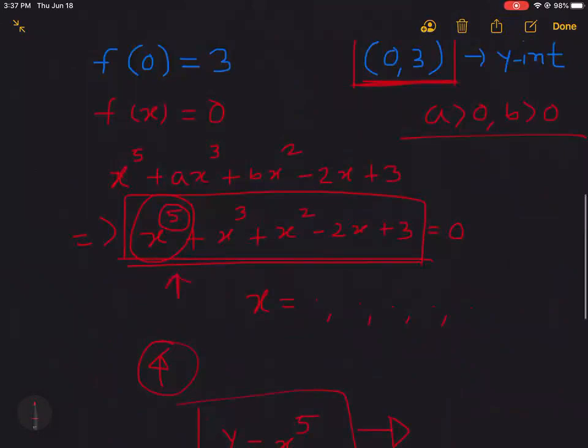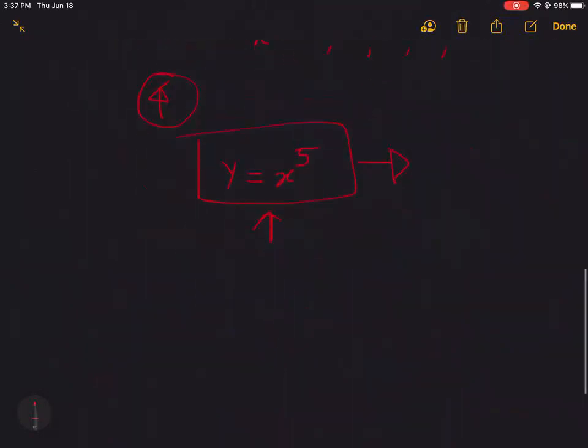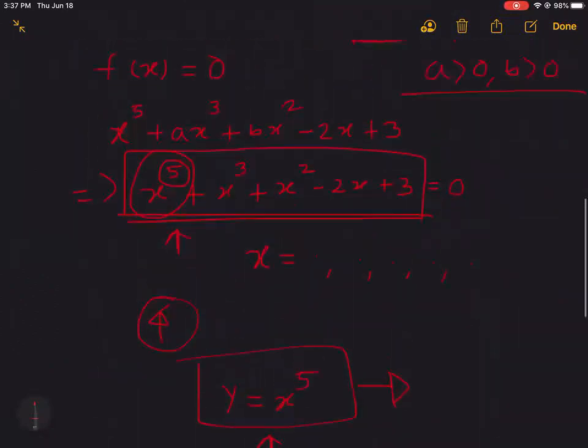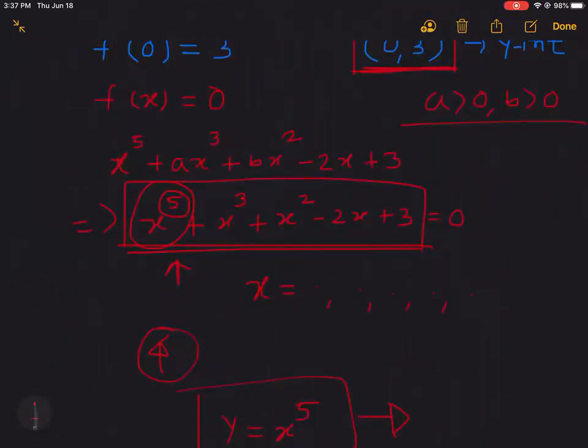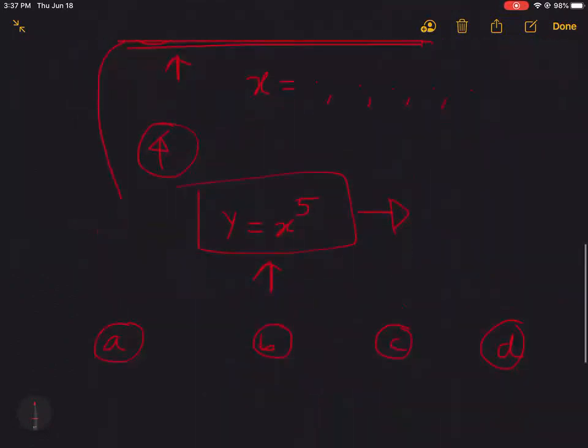So what does this mean? That you will be given a couple of graphs, let's say 4 choices, and from that you need to identify which option gives you the graph of the polynomial by just knowing this information.